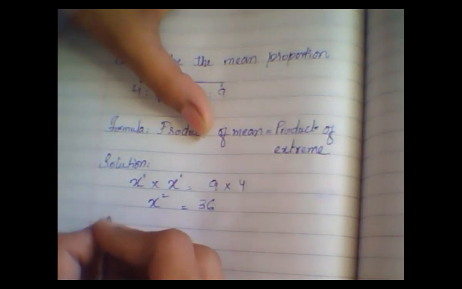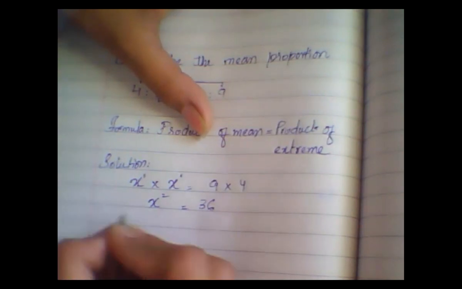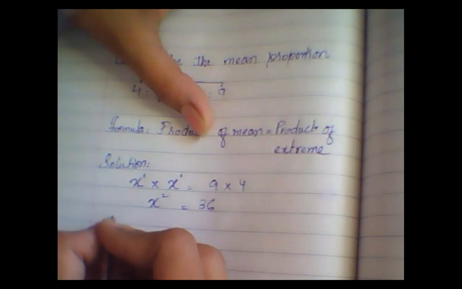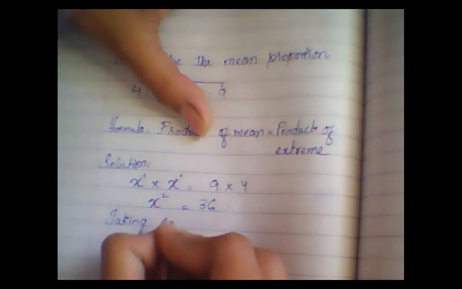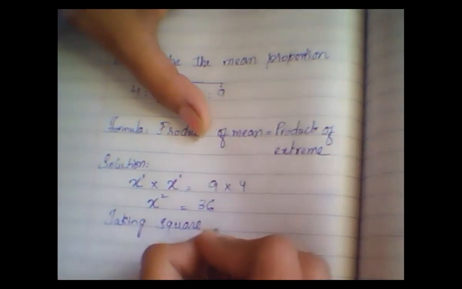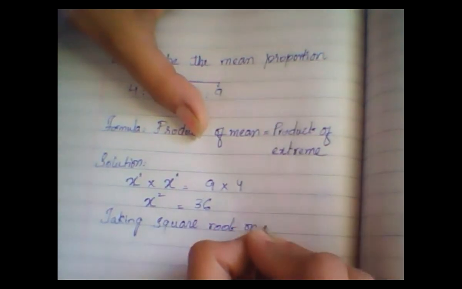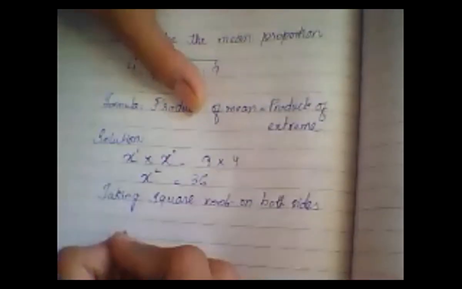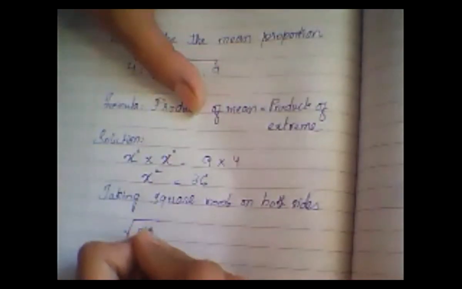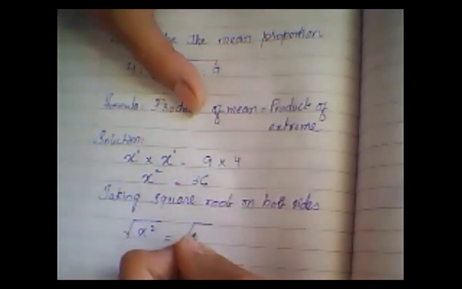So according to Sharus, yesterday Sharus told us that I can write in the next line, taking square root on both sides. Taking square root on both sides, I get like this and like this.